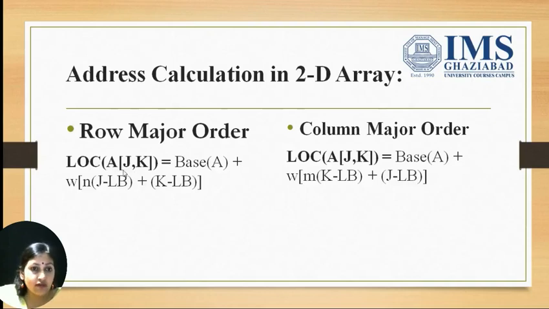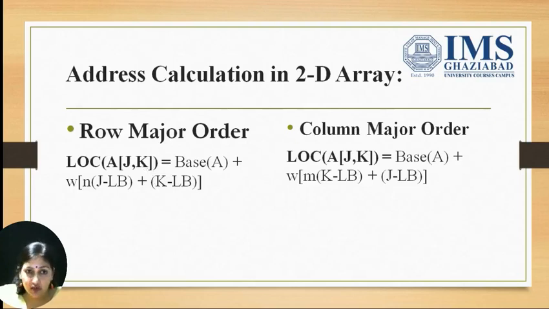If the 2D array is stored in row major order in memory, then the address of an element stored at index j, k can be calculated as base address of A plus W, where W is the number of bytes required for that data type, times j minus lower bound of the row, where j is the row index of the element whose address we want to find, plus k minus lower bound of the column, where k is the column index of that element.